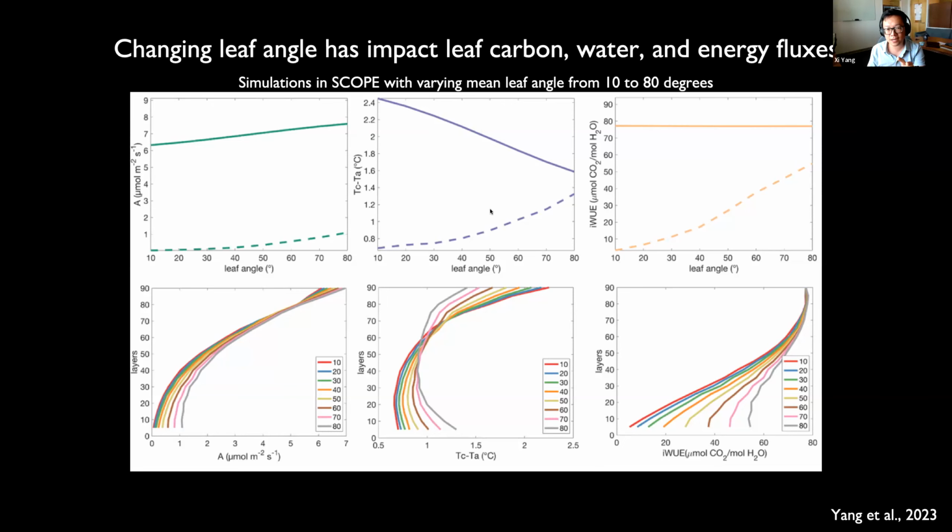But as for the canopy temperature, you actually see that the top and bottom canopy tend to converge in terms of the difference between canopy temperature and air temperature. So there's some significant impact due to the change of leaf angle. And for more modeling results, you can take a look at our paper this year in Ecology Letters.